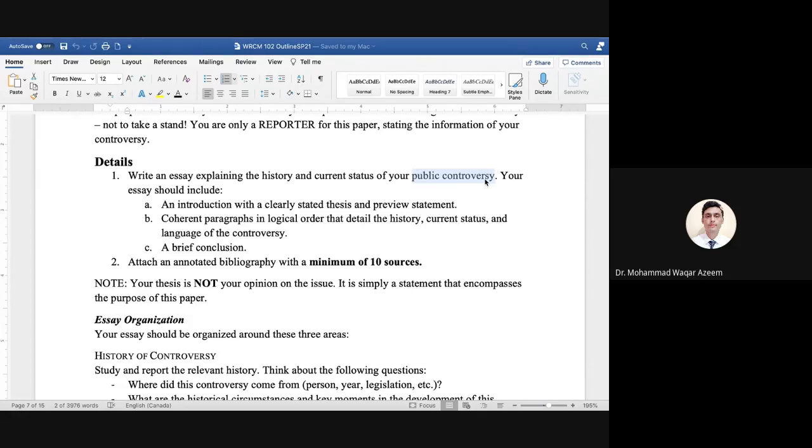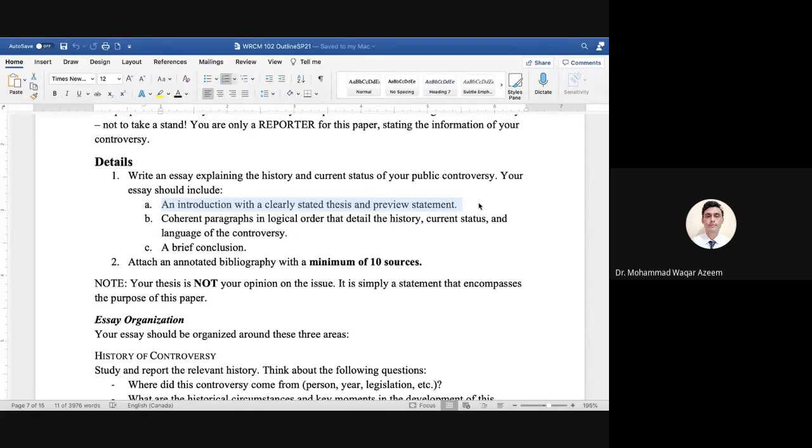People should be aware of that topic. Only then can that topic be treated as a controversy. Now you have to write the history and current status of that. We will understand these two points in more detail later today.